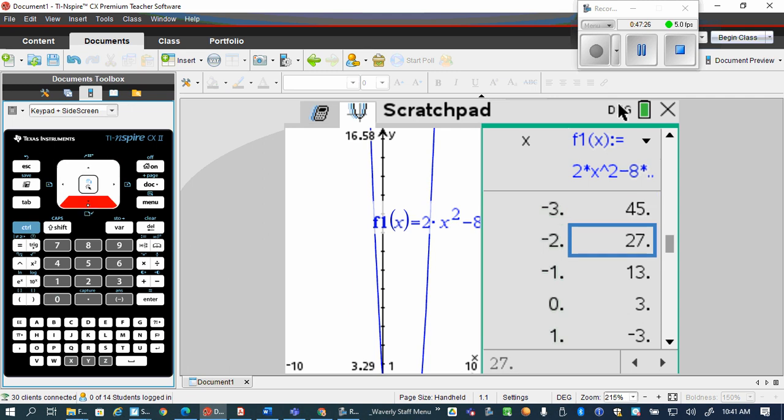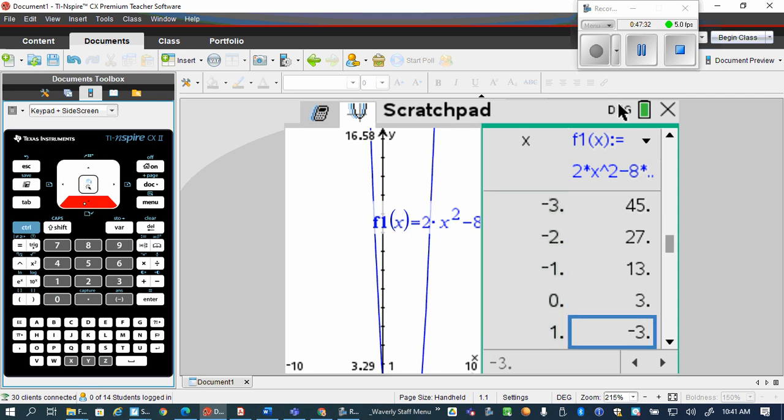So we got -1 is at 13, 0 is 3, 1 going to -3, -5. Do we see a turning point by any chance? Where's the turning point? Is it 4? 2, -5.